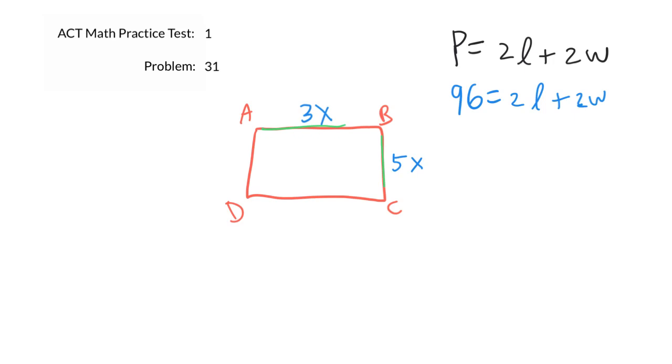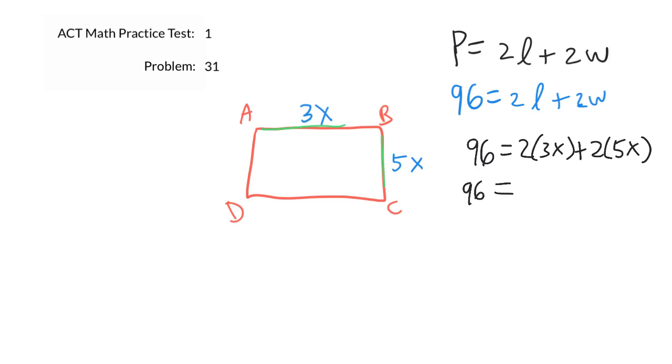Now, of course, if that's 3x and this is 3x, if that's 5x, then this is 5x. But you know what? I don't feel like we even need to label that, because at the end of the day, we could just use this formula. Let's call the length 3x, and we're going to call the width 5x. Okay. So I'm going to replace the L with a 3x and the W with a 5x.